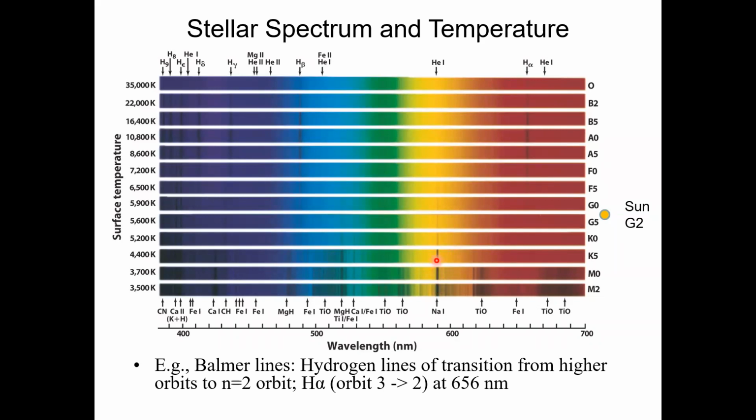So for some reason, say for example, this K5 star, a 4,400 Kelvin star, it emits all the light from blue to red. But somebody has absorbed this particular wavelength. Who is that? It's sodium. If sodium is there, it will absorb this wavelength.